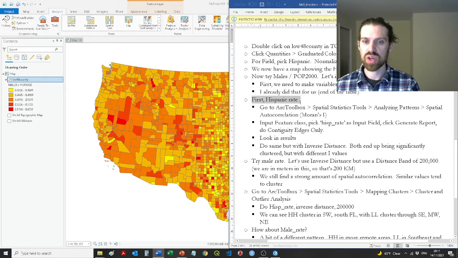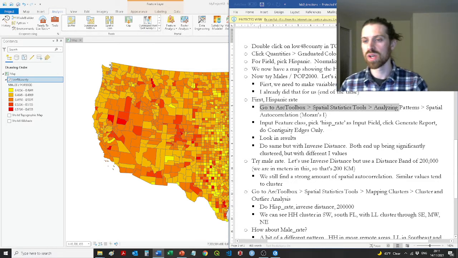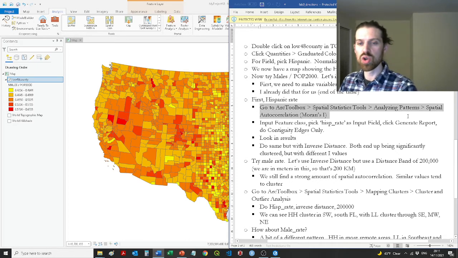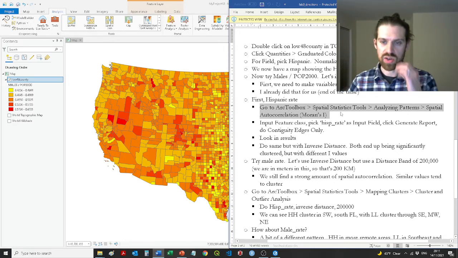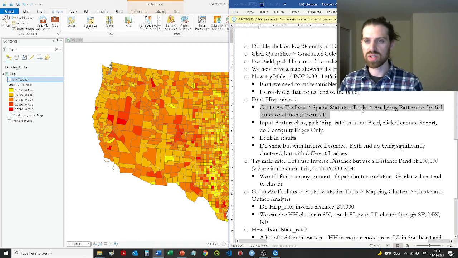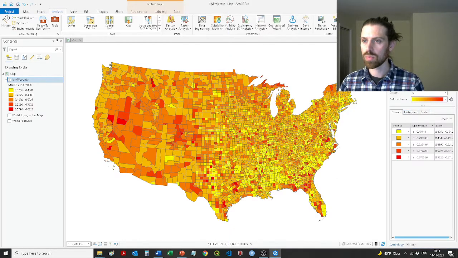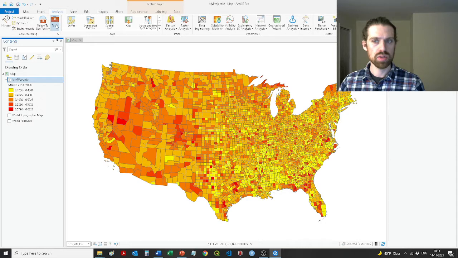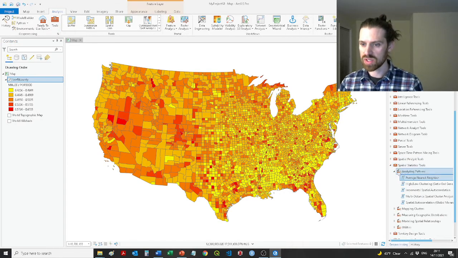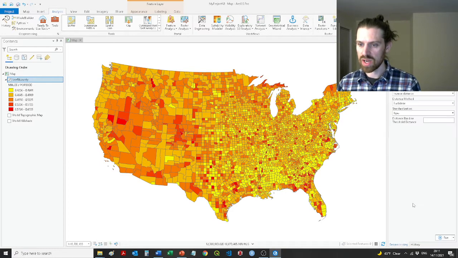So what are we going to do? Look, we can basically go into the ArcToolbox, go into the spatial statistics tools. We can analyze patterns, and we can look at the level of spatial autocorrelation that we have within these datasets. Okay, so let's go to the spatial statistics toolbox. Tools, spatial statistics, spatial autocorrelation, down here.